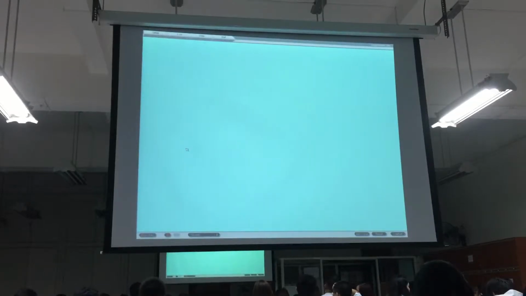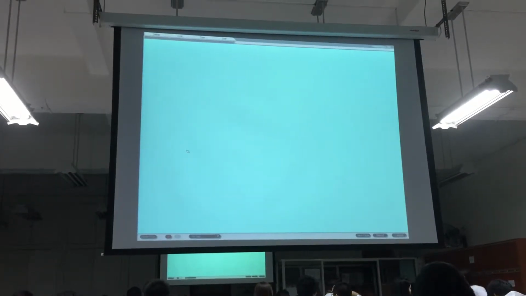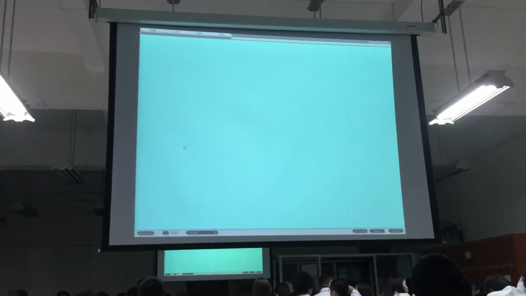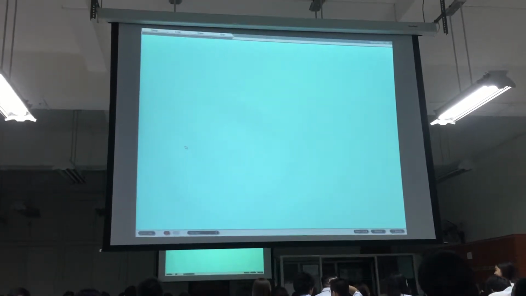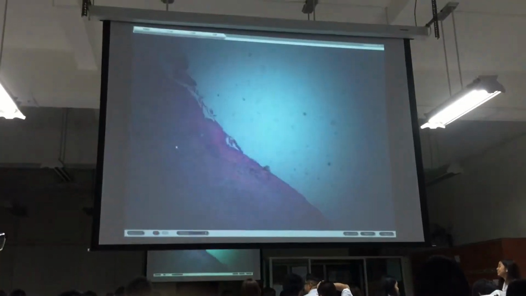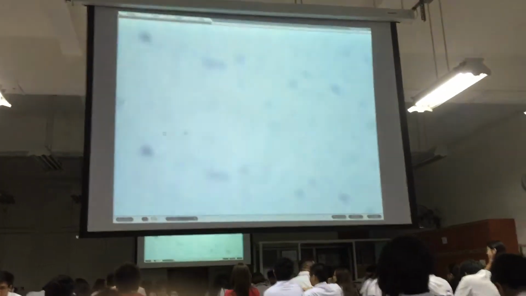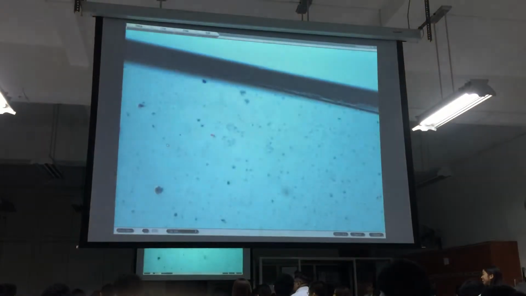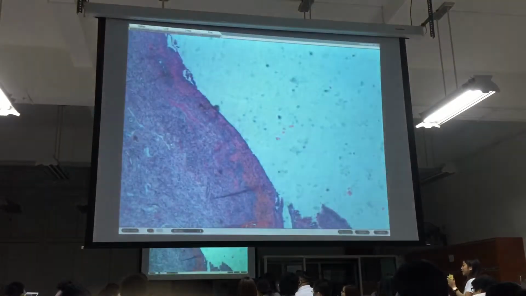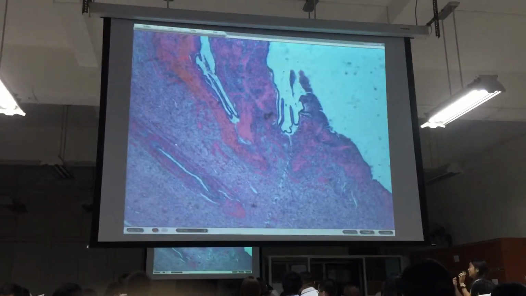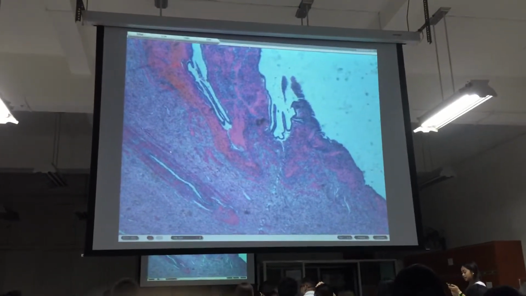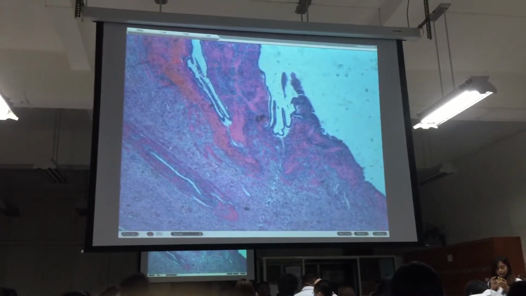Next will be 1402. Endometrial cyst. When you say endometrial cyst, it is a cyst lined by what? Lined by endometrial tissues. As a criteria, you can have three different linings of the endometrial cyst.